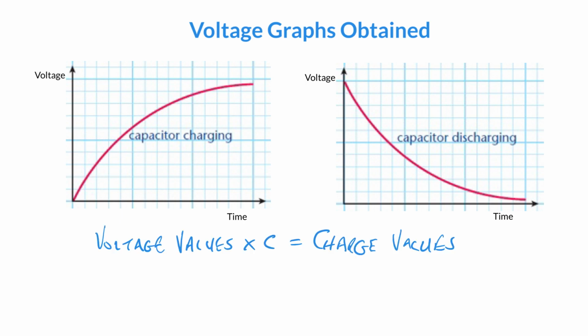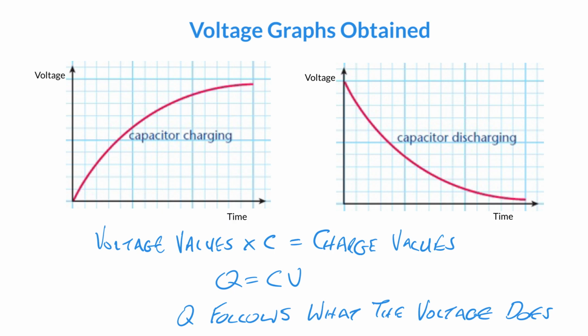The act of multiplying by C will convert a voltage column into a new column that you can call charge. And then you can plot again with charges. But Q will always follow what the voltage graph is doing because Q equals CV. This is always going to be the case.